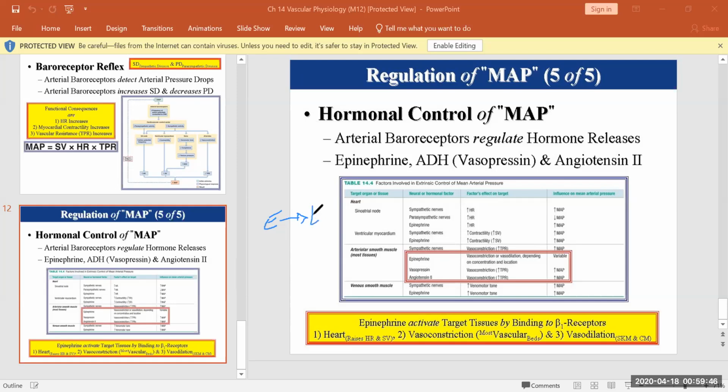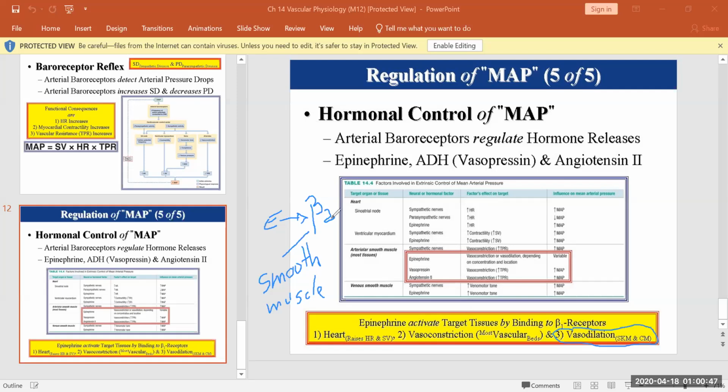Epinephrine also can activate beta-2. And these beta-2 receptors are located in smooth muscle on the walls of blood vessels that are perfusing, and I repeat, perfusing skeletal muscle and cardiac muscle.